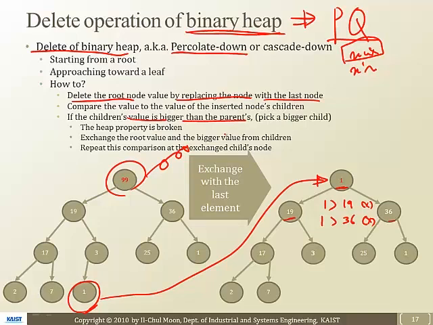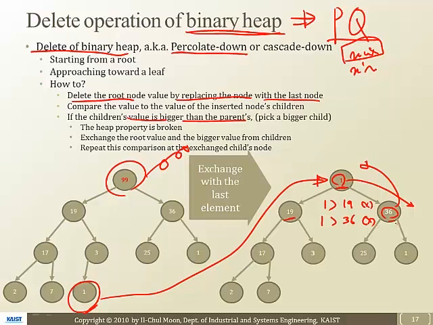In this case, 36 is going to be picked to exchange the value with 1. So 36 is going to go up and 1 is going to go down. Why do we pick the bigger value between the children? Because if we pick 19 to go up, then the heap property is still broken because 36 is still bigger than 19, right? So we need to replace it with the bigger value among the children.